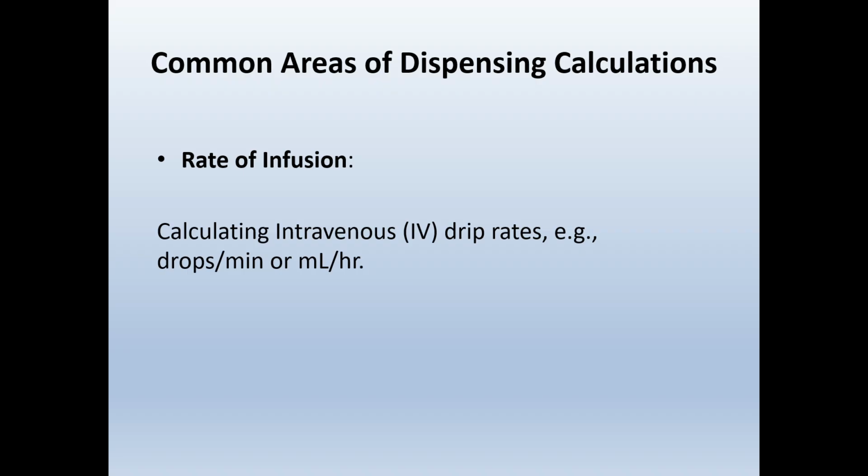So when you calculate the IV drip rates per minute or per hour, that is how you get done with that. So calculating intravenous drip rates, either drops per minute or milliliter per hour.